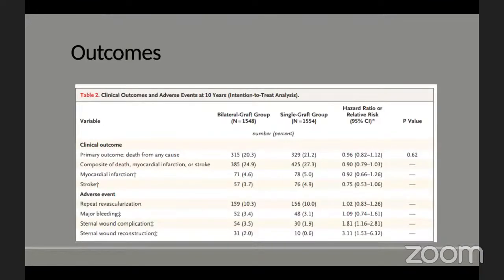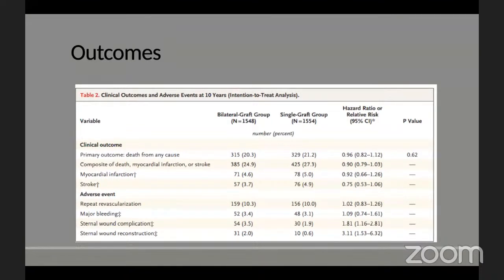This table shows us the clinical outcomes and adverse events at 10 years. For the two groups, bilateral group and single group, the primary outcome was death from any cause. We can see the single graft group had the higher number, 329 versus 315 in the bilateral graft group.